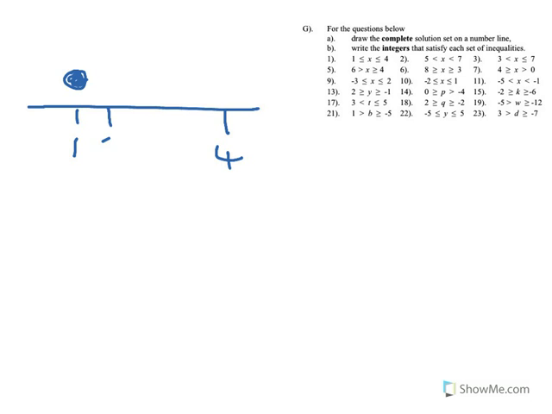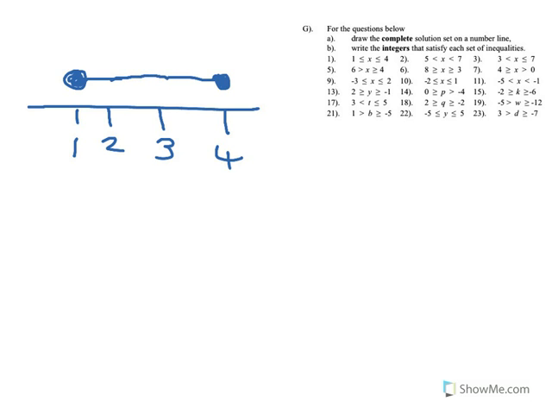So x has to be on this side of that line, because it's got to be bigger than 1. But we're also told that x has to be less than or equal to 4, so shade in the circle. But it has to be less than, so it has to be that side of 4. So you join the two lines up. So that is part A done.